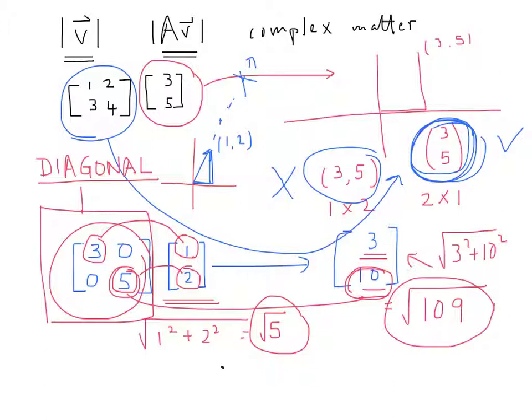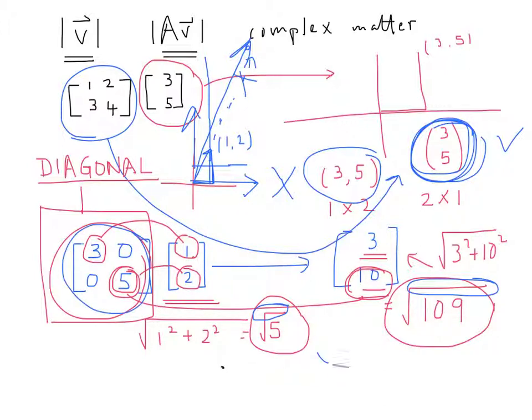It's extending it 3 times in the x direction, so when you have 1, it's taking it out to 3, and it's taking it 5 times in the y direction. So if you have 2, it's taking it 1, 2, 3, 4, 5. So it's taking it out here somewhere, like that. So it's moving it much more in the y direction than it is in the x direction. And therefore, its size is changing in a strange way because of the square root signs, and it's not easy to determine by looking at the matrix what will happen to the size change.